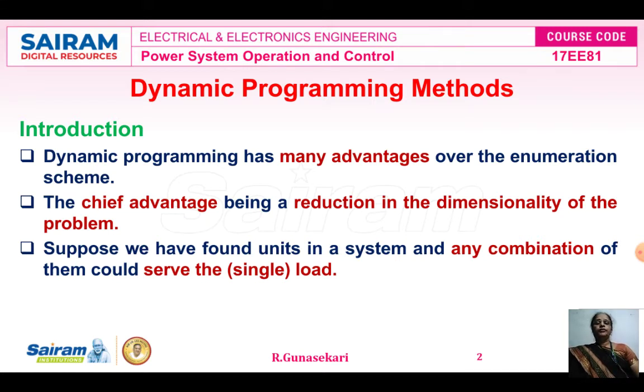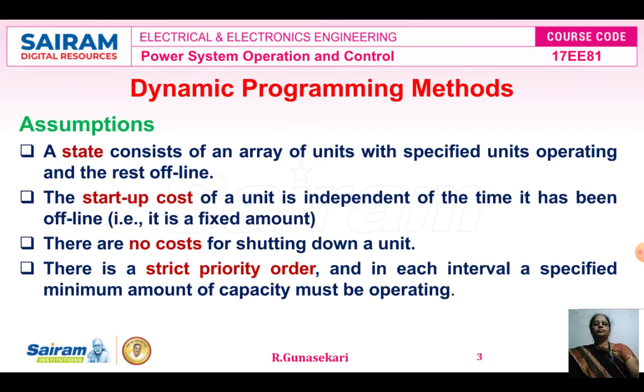The chief advantage of the dynamic programming method is the reduction in the dimensionality of the problem. Suppose we have units in a system and any combination of the units would serve the single load. Then what are the assumptions made in the dynamic programming method?